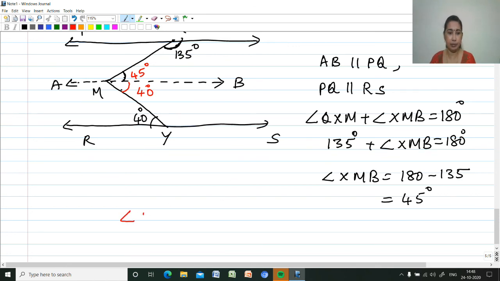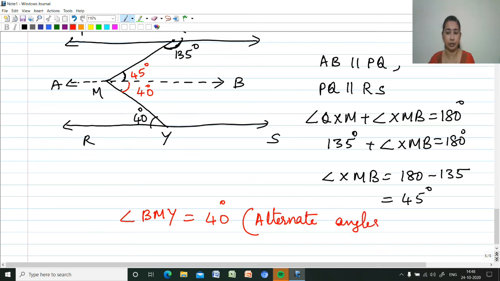Angle BMY is also equal to 40 degrees, because these two are parallel lines, so these two angles will be alternate angles. So this angle is also 40 degrees.